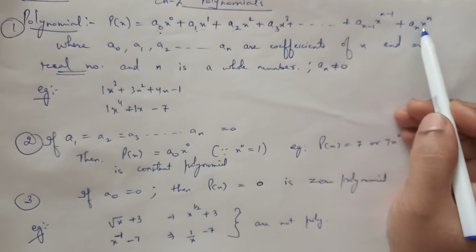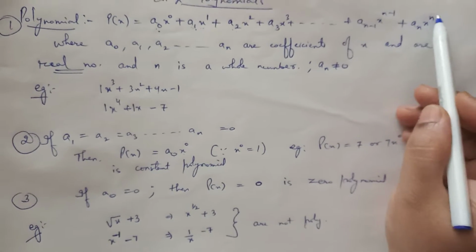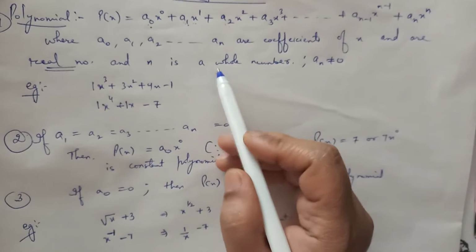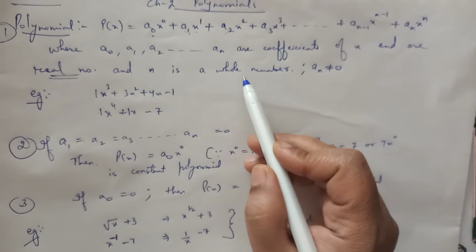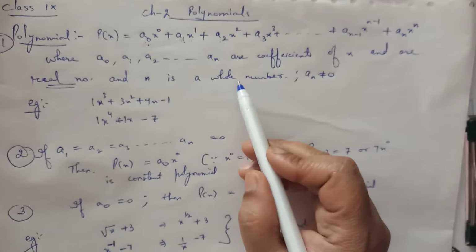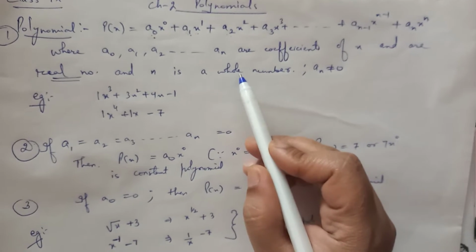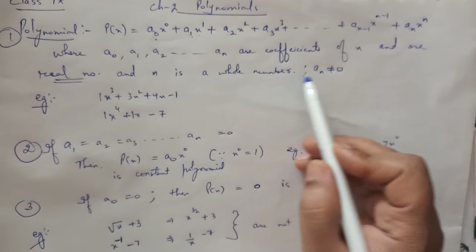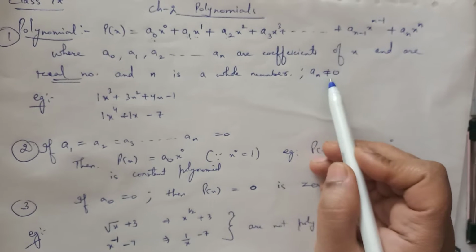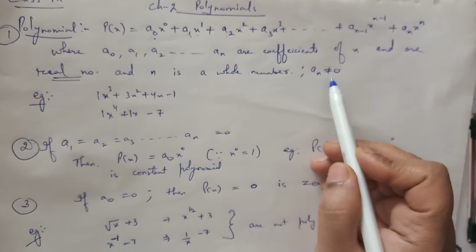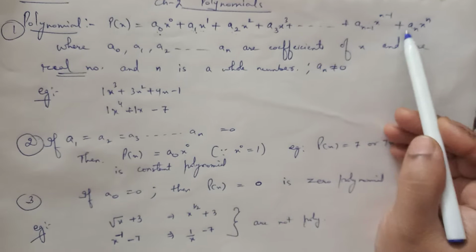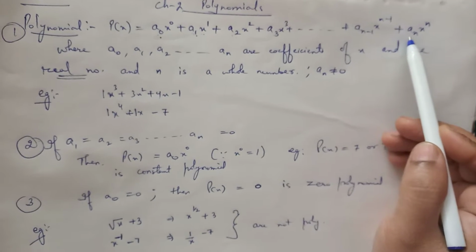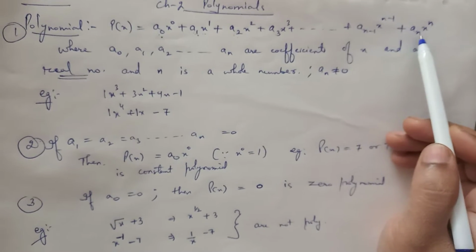So these coefficients can be real numbers, rational or irrational. But n is a whole number. Here the highest power is n, which is a whole number. It means it is a non-negative integer. It should not be a fraction. It should not be negative. And an should not be equal to 0, which is a very important condition, that your highest term's coefficient should not be 0. If the highest term coefficient is 0, then what will happen?